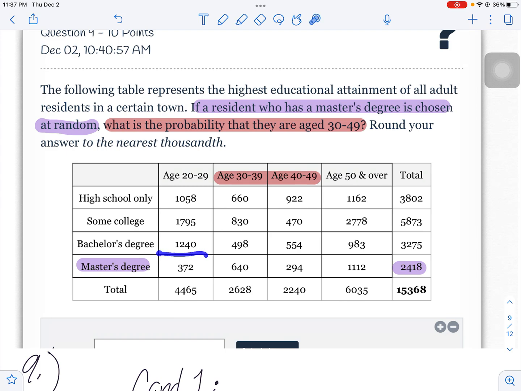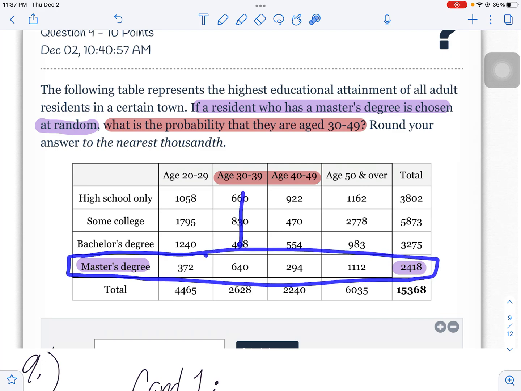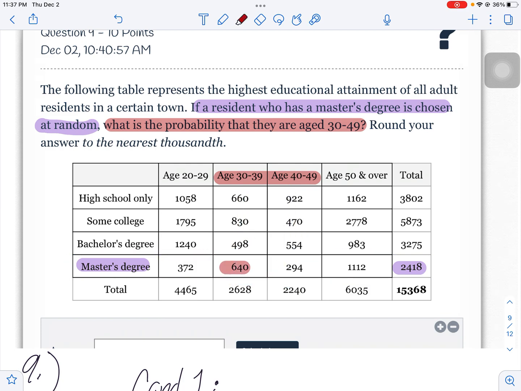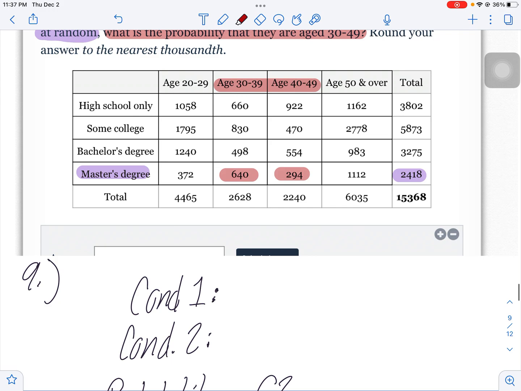So in this box, which ones are 30 to 49? These two. So we're going to add those two.